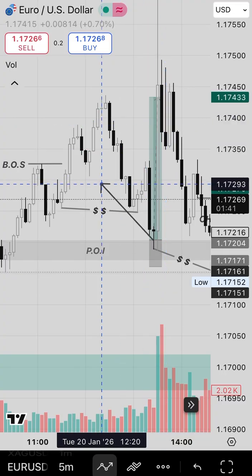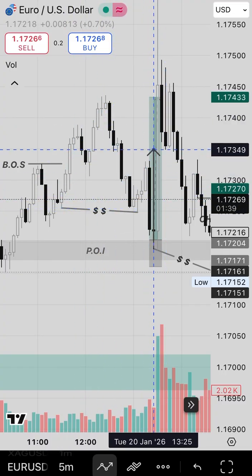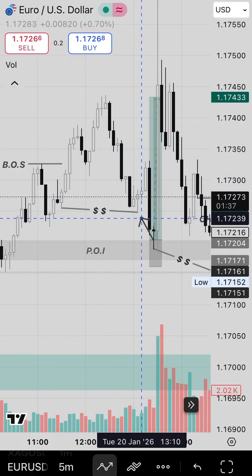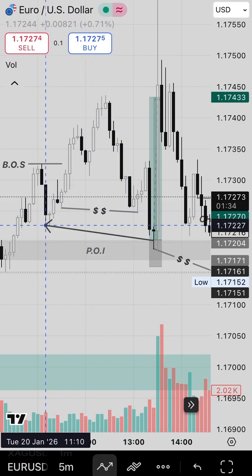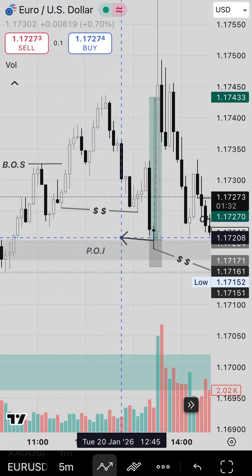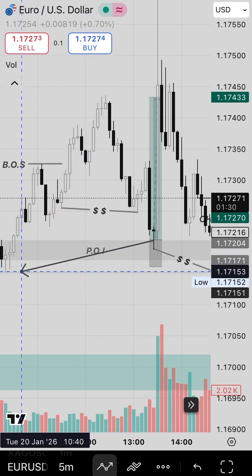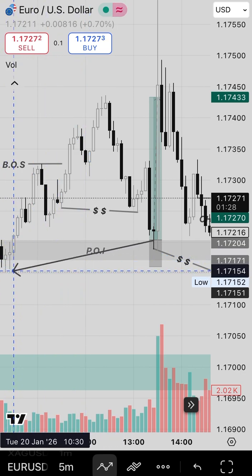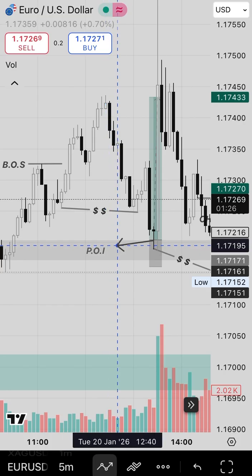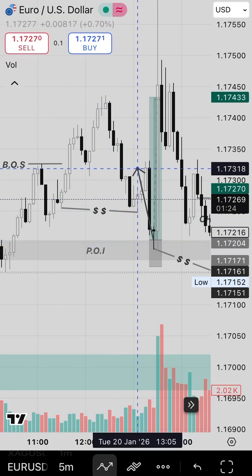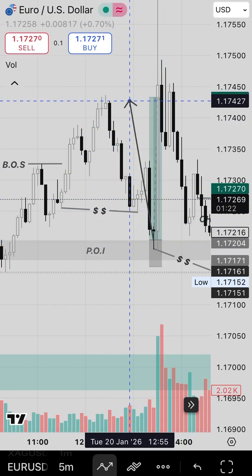Now, this is a sweet trade, and it's valid because of the liquidity sweep here and your inducements. There are some other liquidities down here that market didn't clear. Remember, market just tapped in and took out this high.